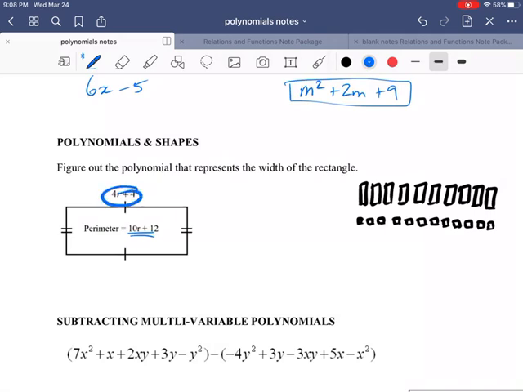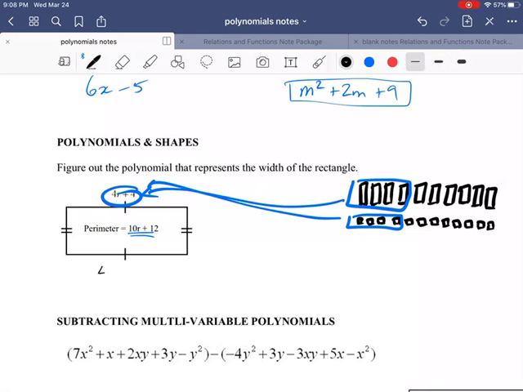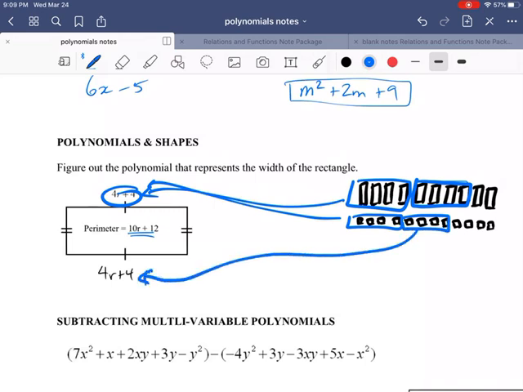We're already told that this side is 4r plus 4, so these 4 and those 4 are accounted for. They represent that side. Well, if this side is 4r plus 4, this side must also be 4r plus 4. So another 4r and another 4 are dedicated to that side.